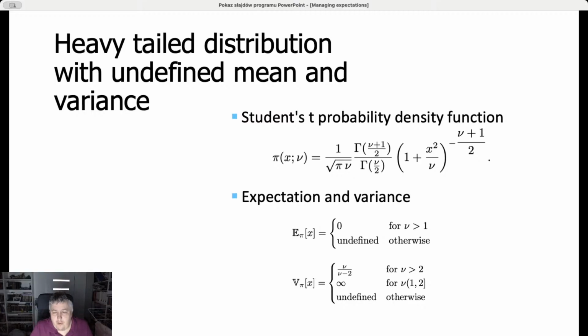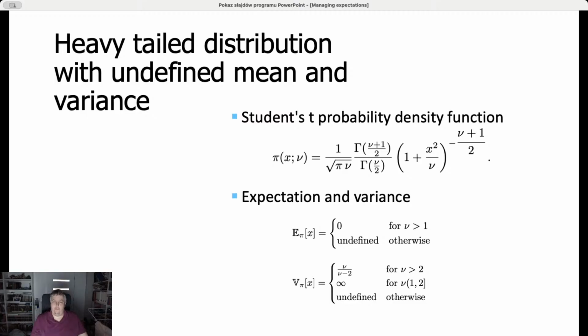So it's similar to Gaussian but has heavier tails. However, it should be noted that in this form, student t-distribution has certain dependence on the degrees of freedom. In particular, as long as degrees of freedom are greater than 1, then the expected value is 0.